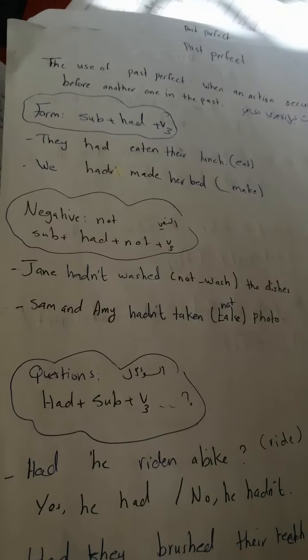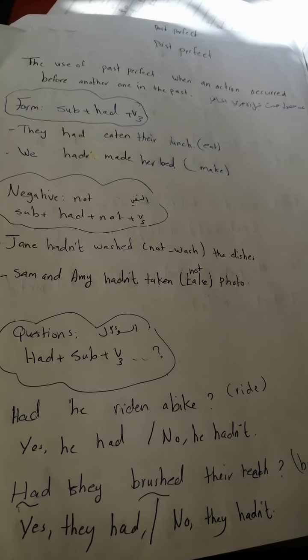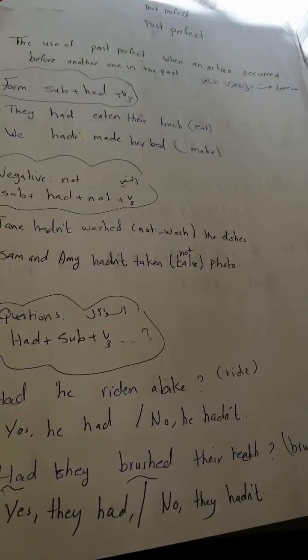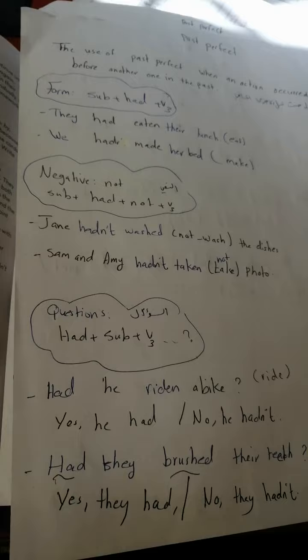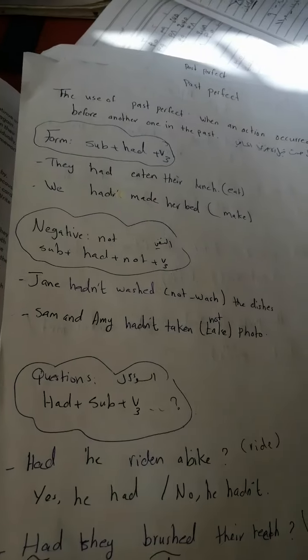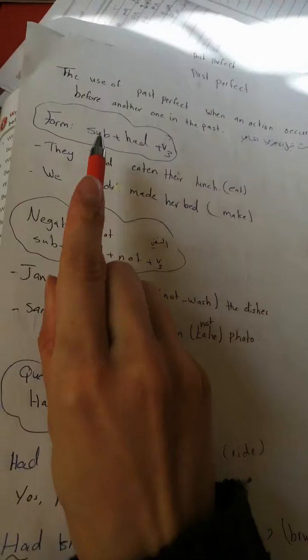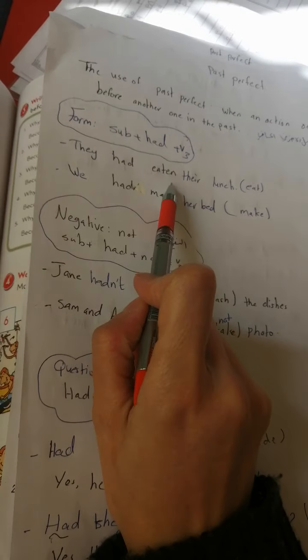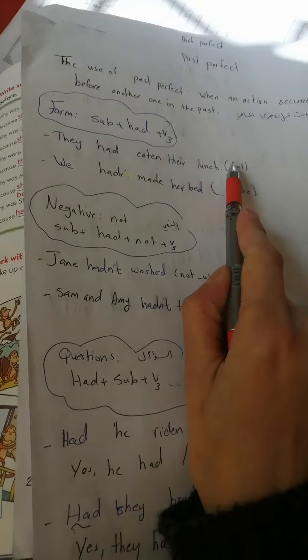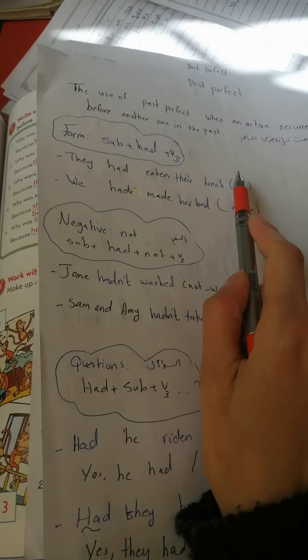The form of past perfect, يعني شكل ال past perfect صيغة ال past perfect: subject plus had plus verb 3. Examples: they had eaten their lunch. The verb eat.